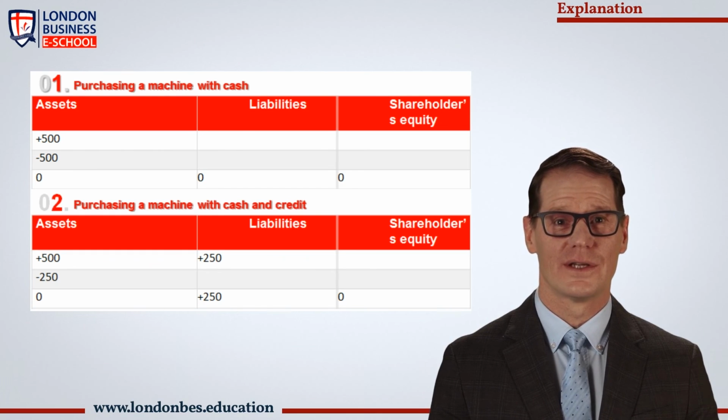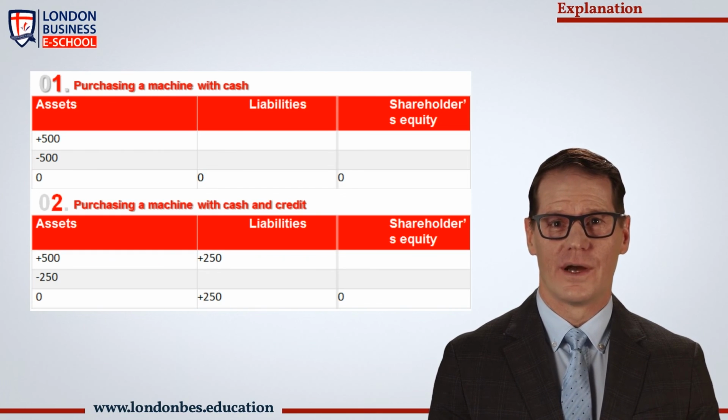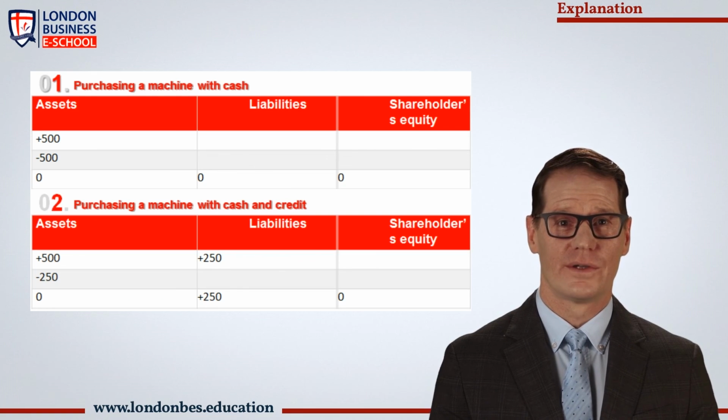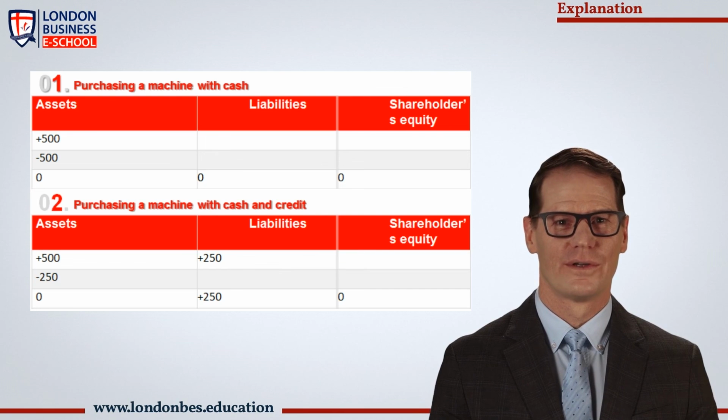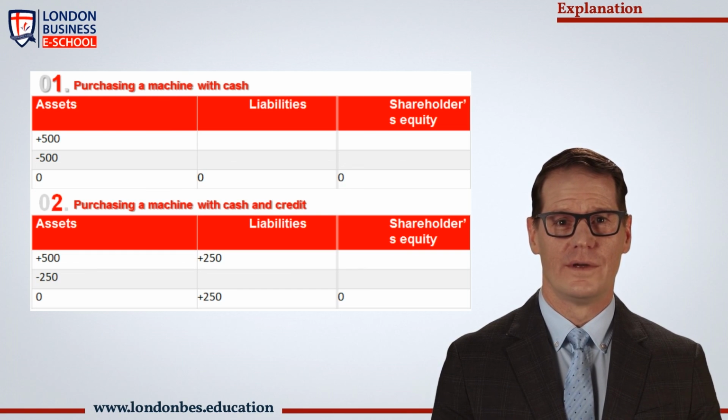It would result in a debit to equipment plus $500, a credit to accounts payable plus $250 and a credit to cash, $250. The net effect on the accounting equation would be as follows. This transaction affects both sides of the accounting equation. Both the left and right sides of the equation increase by plus $250.